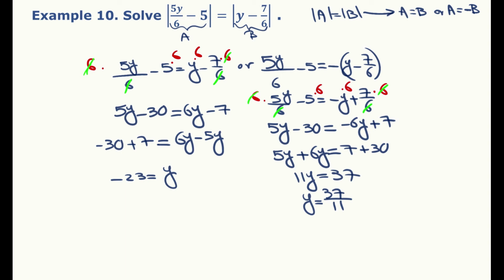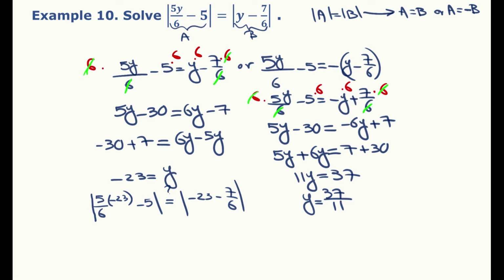So let's start with the negative 23. So we want to know if the absolute value of 5/6 times negative 23 minus 5 is going to be the same as the absolute value of negative 23 minus 7/6.